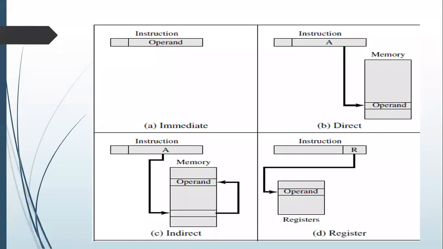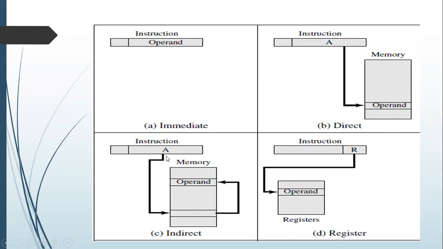Hello friends, in the last lecture we talked about direct addressing mode, immediate addressing mode and indirect addressing mode. Let's take one example about indirect addressing mode. I think it's a bit confusing for you.